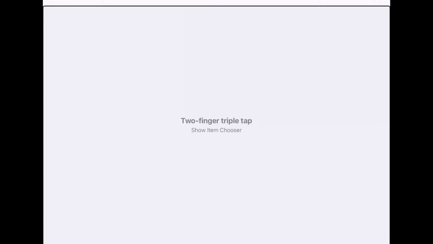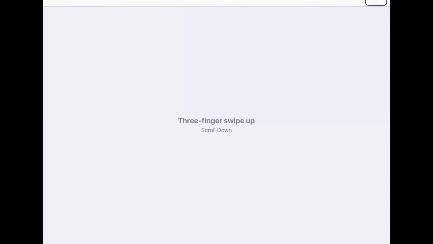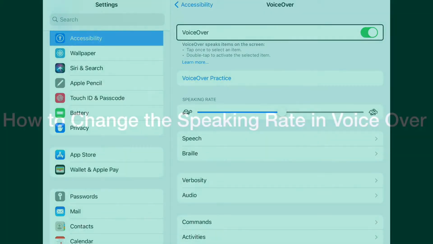Show item chooser. 3 finger single tap. Read item summary. 3 finger double tap. Toggle mute. 3 finger triple tap. Toggle screen curtain. 3 finger swipe down. Scroll. 3 finger swipe up. Scroll. Done. Button. Cap S. VoiceOver. VoiceOver off.